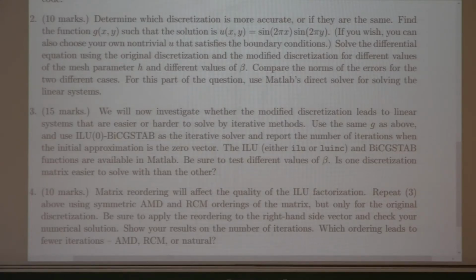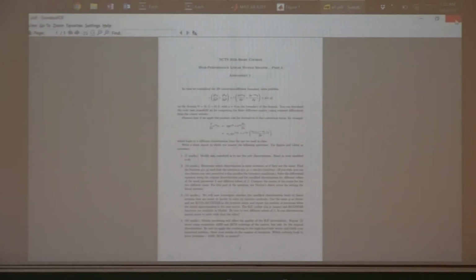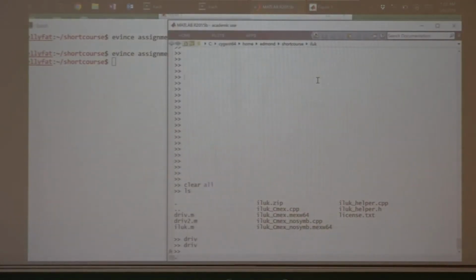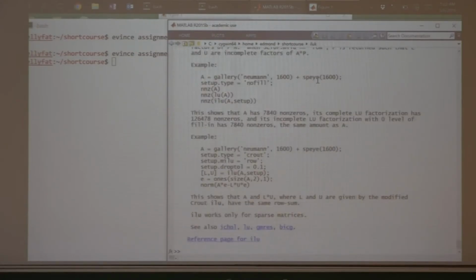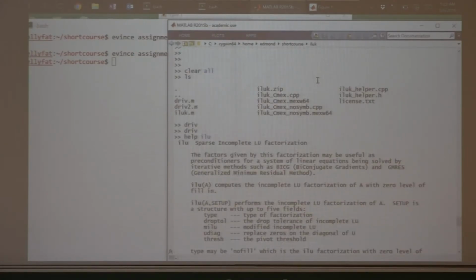So these functions, ILU and BiCGStab, are available in MATLAB. So you can type help ILU, and the simplest thing that ILU does is to compute the incomplete factorization with 0 level of fill-in, so the 0 fill.